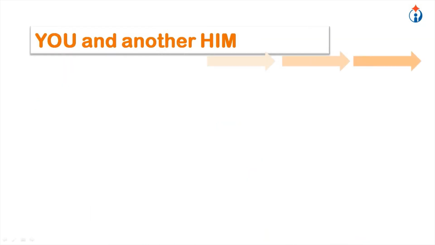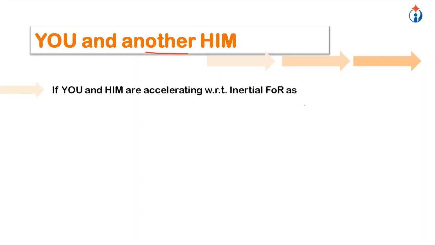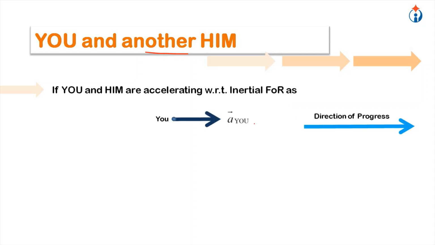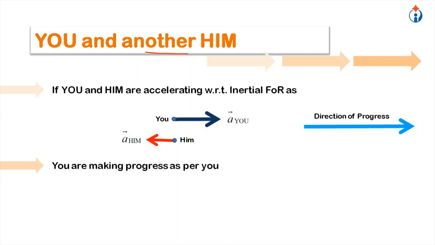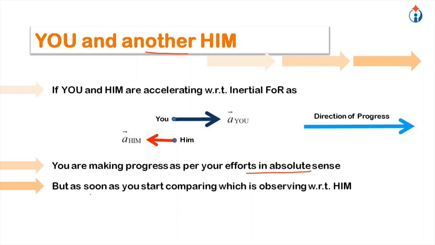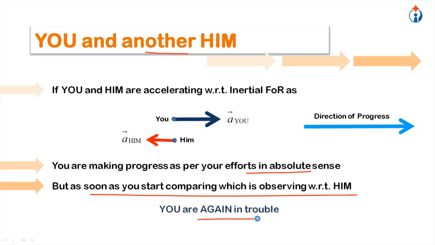Now look at another him. So another him, that's the direction of progress. Your acceleration, your progress. He is moving in the opposite direction, or he is almost stuck, or zero, making no progress. Now you're making your progress as per your efforts in absolute sense. But as soon as you start comparing with respect to this other him, you are again in trouble.